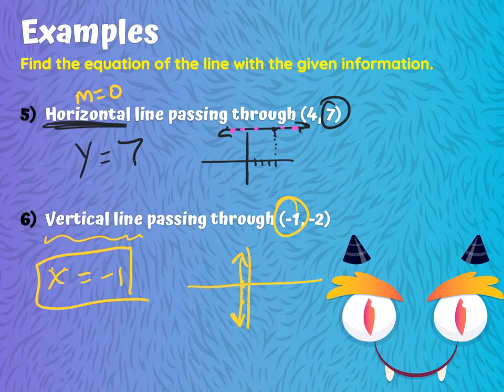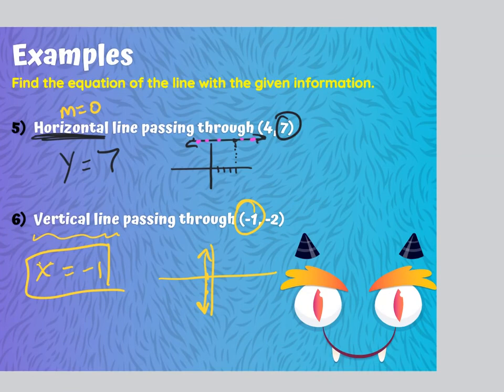If I know horizontal has a slope of 0, I could say this is x1 and y1, and I could say y minus 7 equals 0 times x minus 4. Y minus 7 would equal 0 times 0, so 0, and y would equal 7. So horizontal you can, but vertical has slope as undefined. How the heck do you plug in undefined? So if it's undefined, I just have to know it's vertical. And everything else is horizontal.